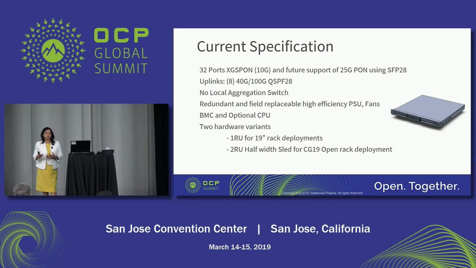But when you move towards a data center type of implementation, in OCP we do have CG19 racks. If that becomes a viable path, this can also be made in a form factor of a 2RU half-width sled to go into those CG19 racks. So it's a modular design that will fit into any form factor an operator would want to deploy in their network.